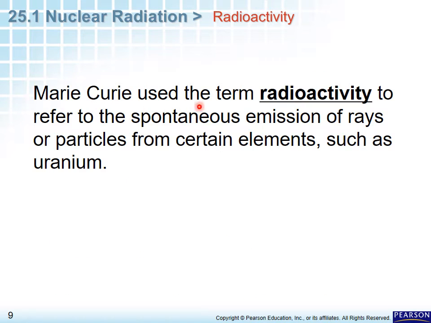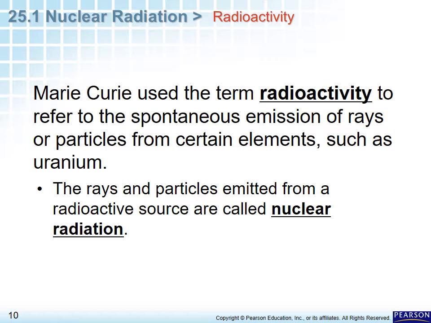Marie Curie used the term radioactivity to refer to the spontaneous emission of rays or particles from certain elements such as uranium. So the rays and particles emitted from a radioactive source are called nuclear radiation.